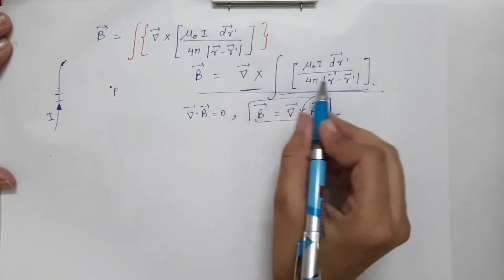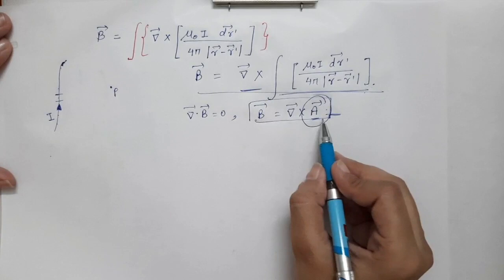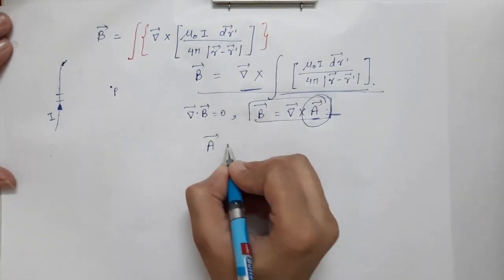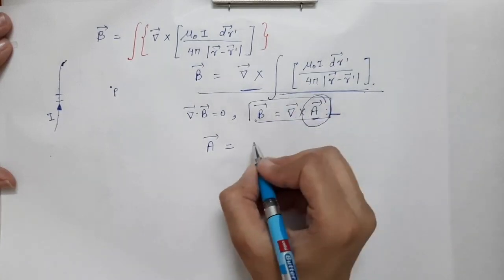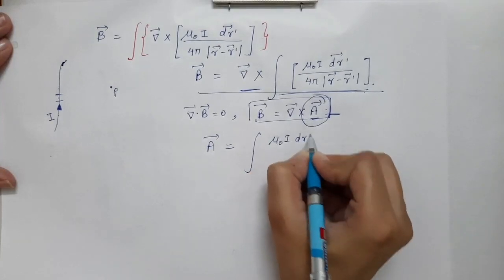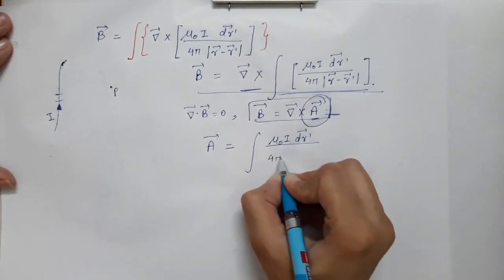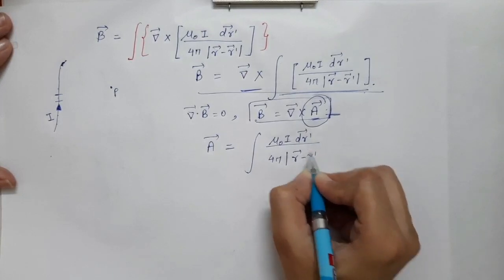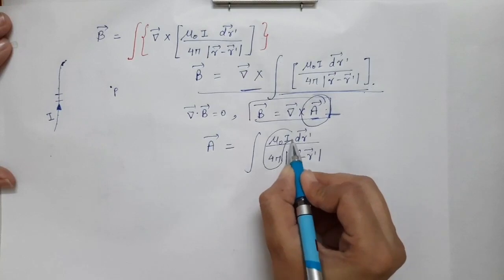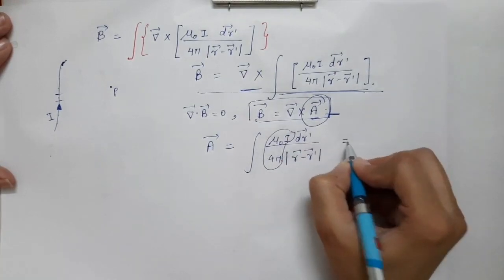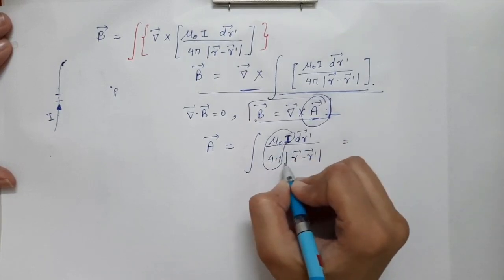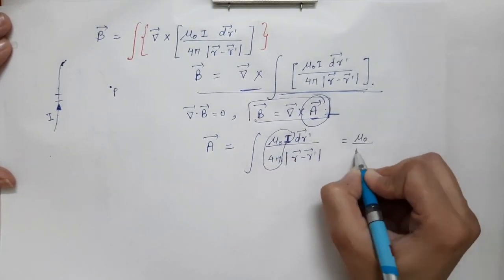Here I have the curl of this expression and over here I have the curl of A vector. So when I compare these two expressions, I get A vector equal to the integration of this term, which is mu naught I dr prime vector divided by 4 pi times the magnitude of r vector minus r prime vector. Now I can take the constant term outside, mu naught by 4 pi, and keep the current inside the integral.